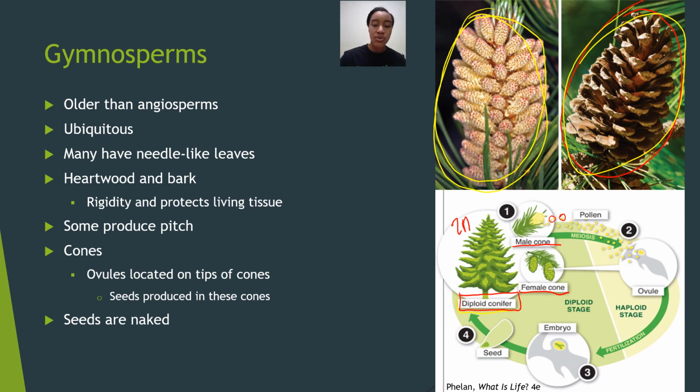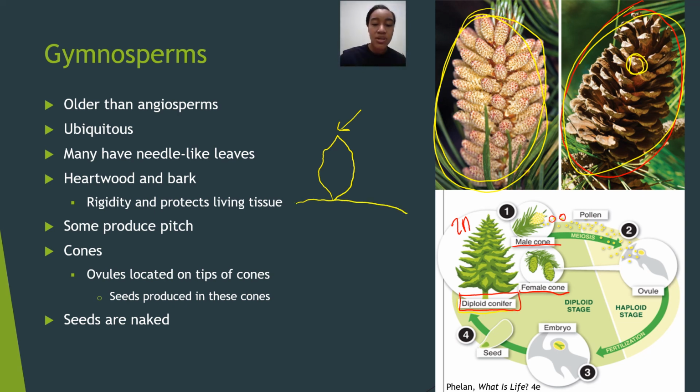So let me try to draw this out for you guys. If you think of each of these individual teeth on the pine cone, it looks something like this. Very crude drawing, but this is the outside of the pine cone that we see, and then this is the base, and it's attached to the core of the cone.